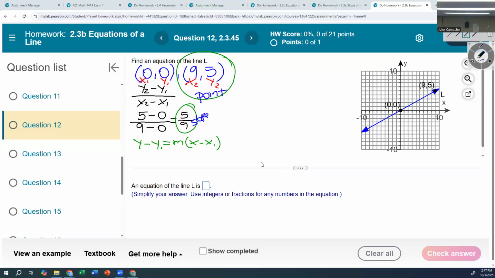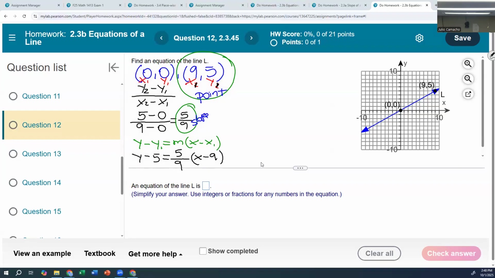So we have that y minus y1, no, sorry, that will be my y1 and my x1 now, because I'm using that for the second equation. This will be y minus 5, because that's my y1, is equal to the slope, 5 over 9, times x minus x1, which is 9.